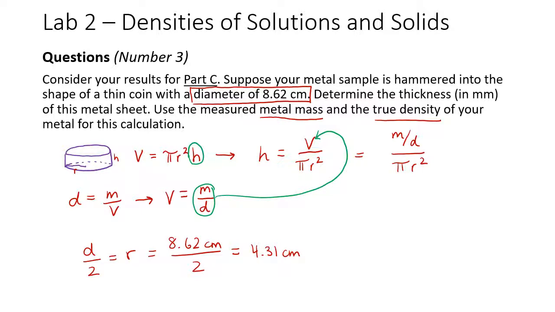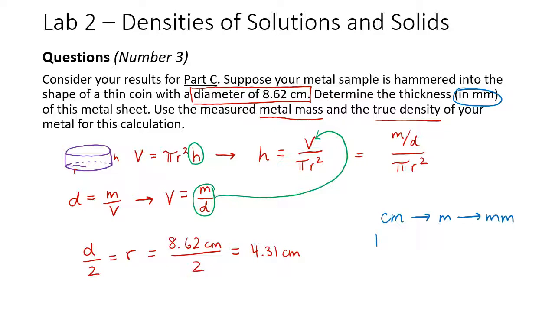The last step will be to take your height, which you'll get out in units of centimeters, and actually convert it into millimeters. And you're going to want to use the prefixes to do that. So you're going to want to go from centimeters to meters, and then finally to millimeters.